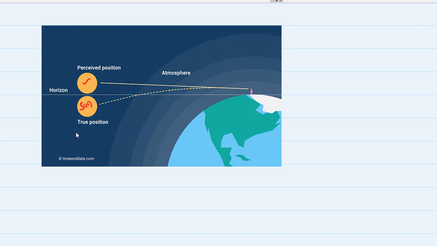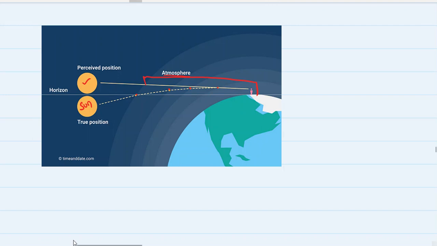So why does this happen? Because the rays of light coming from the sun suffer refraction throughout the layers of the atmosphere. Now you see the atmosphere over here. From this point up to this point there is a huge thick layer of atmosphere, and in every layer the rays of light coming from the sun go on suffering refraction and reach you in such a way that the sun appears above the horizon before it has risen, and appears above the horizon after it has already set.